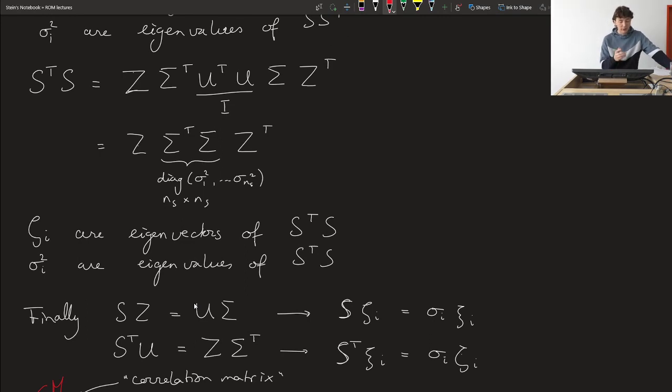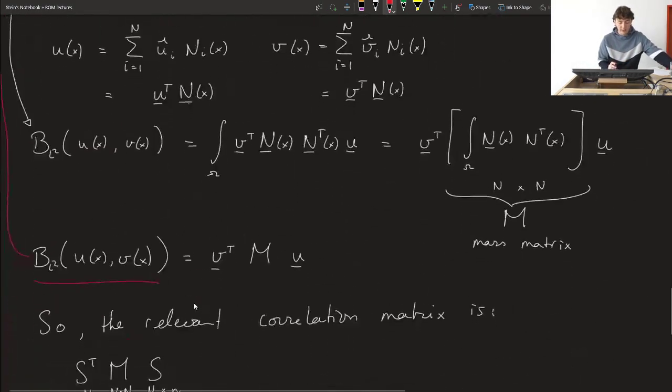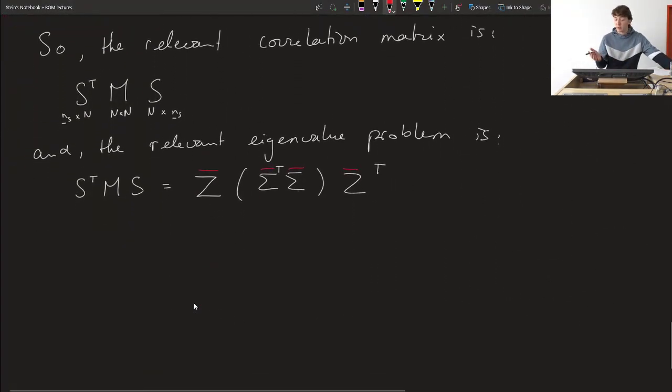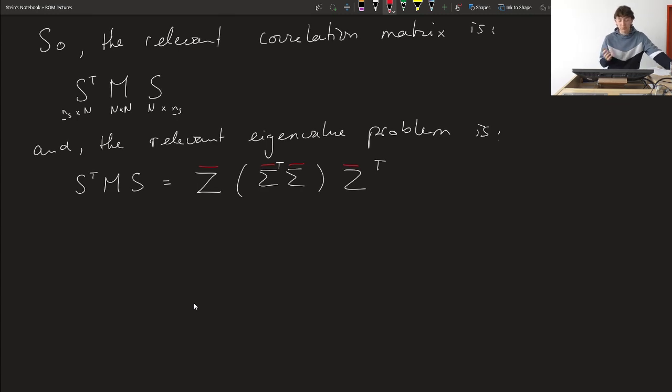Here we have the spectral decomposition of the correlation matrix, S transpose S is equal to Z sigma sigma Z. And we're going to replace that by this relevant correlation matrix S transpose mass S as a new Z sigma sigma Z. So we're sort of enforcing this on the SVD.